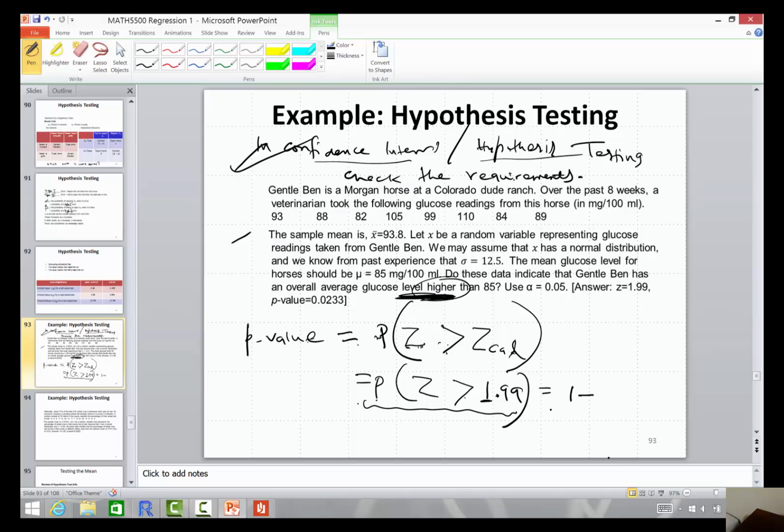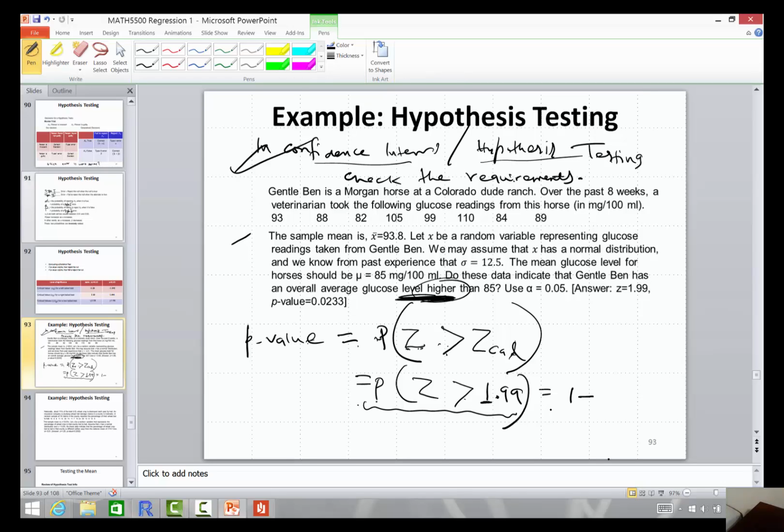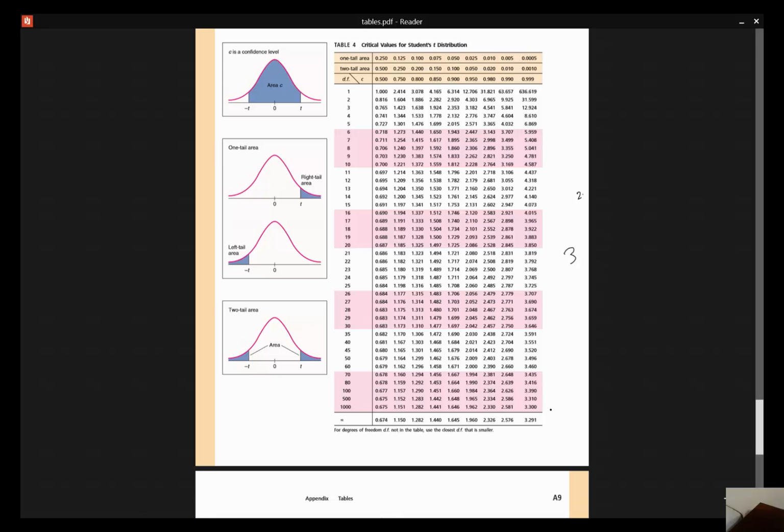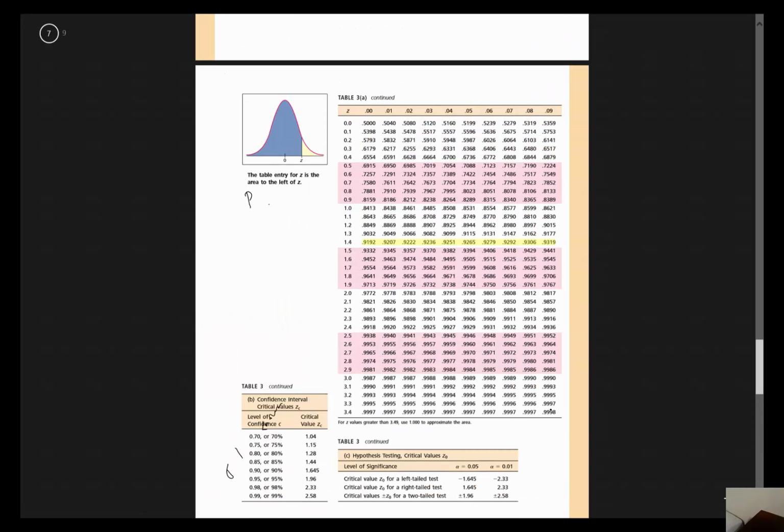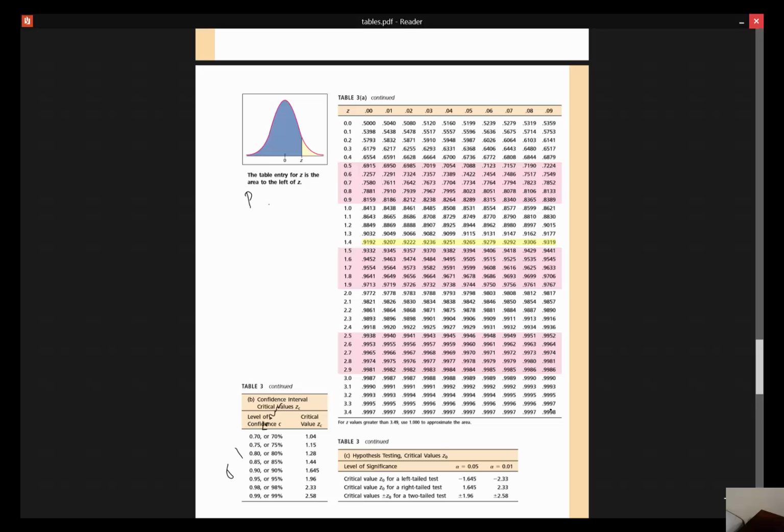How do you do that? Let me go to the G chart with 1.99. It is 0.9767.